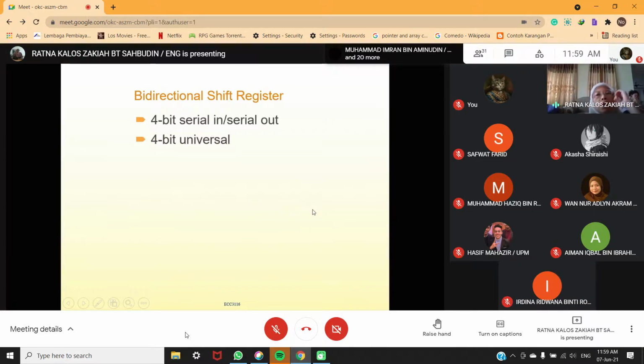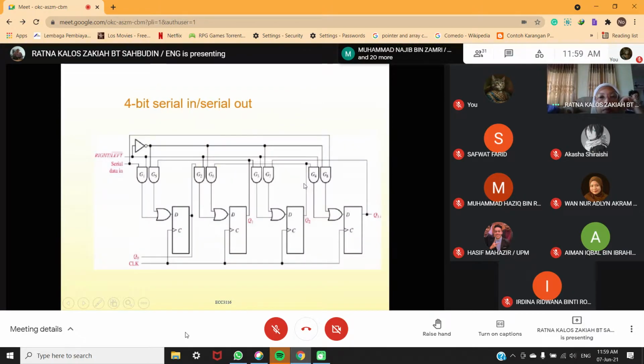Okay, bidirectional shift register: 4-bit serial in, serial out, and there's also another one that is 4-bit universal. Now we look at the 4-bit serial in, serial out. This is the function here, right and left. When it is high, shift to the right.